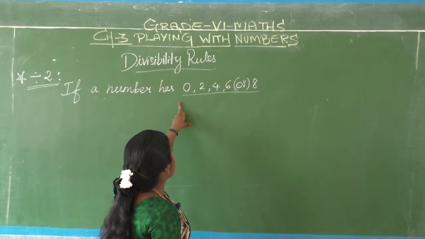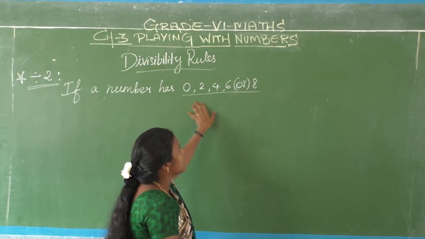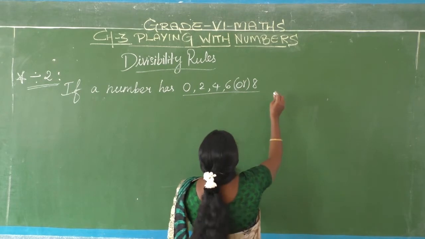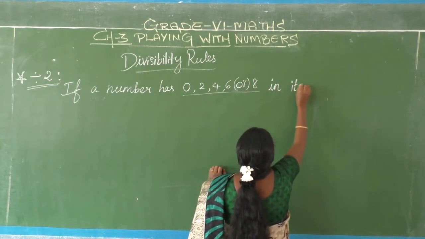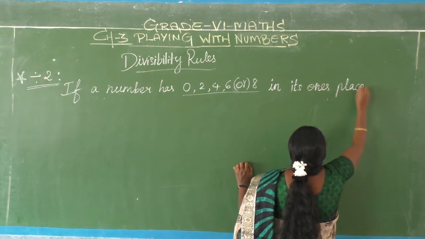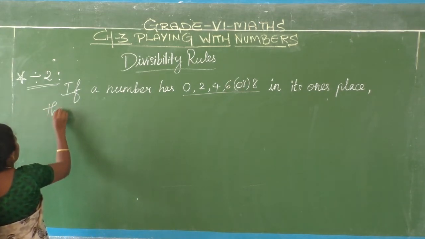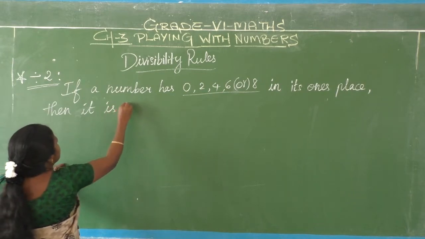If a number has 0, 2, 4, 6 or 8, any one of these digits, in its ones place, then it is divisible by 2.